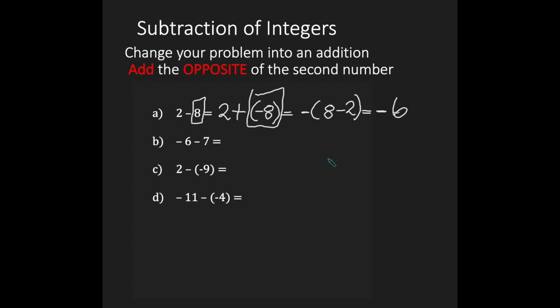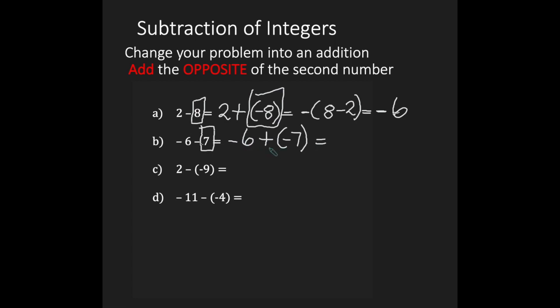Let's try that again. B states negative 6 take away 7. Always keep your first integer. And then we're going to add the opposite of your second integer. My second integer is positive 7. So its opposite is negative 7.